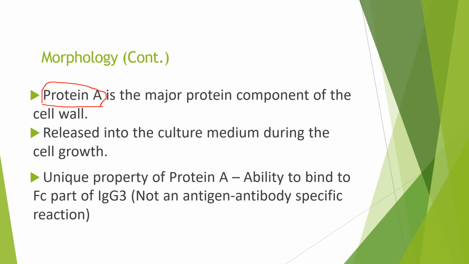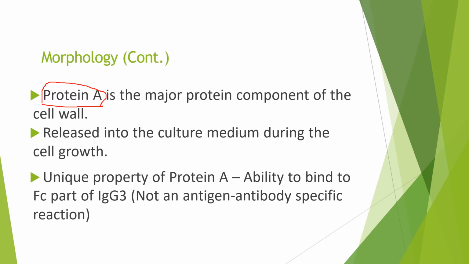Opsonization is our defense mechanism, the human defense mechanism to eliminate these types of bacteria. So protein A is present in the cell wall of staphylococci, and it helps in escaping from the immune system or opsonization.